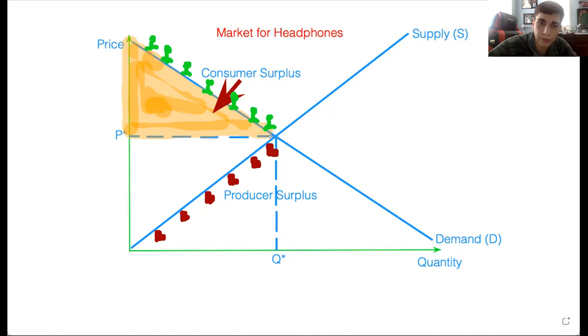So, but before I go and get to that, actually, I'm going to go and help by explaining that, and actually formatting here with a, let's do this, and let's make this purple. So this area, as you can already tell, it's going to be the producer surplus.